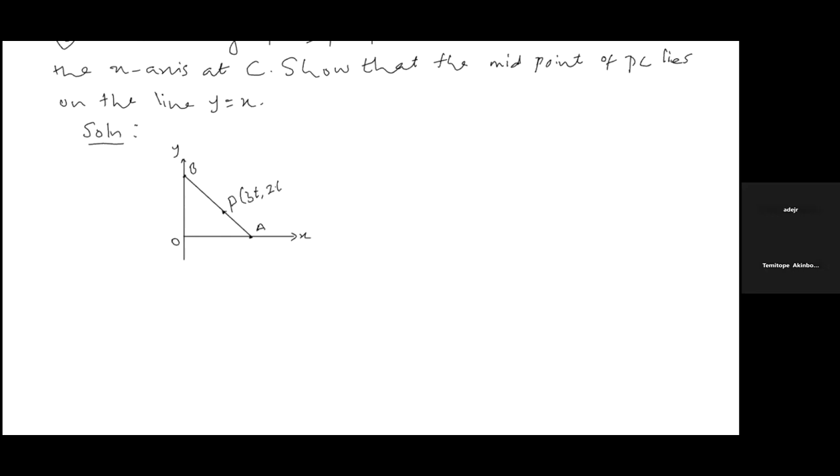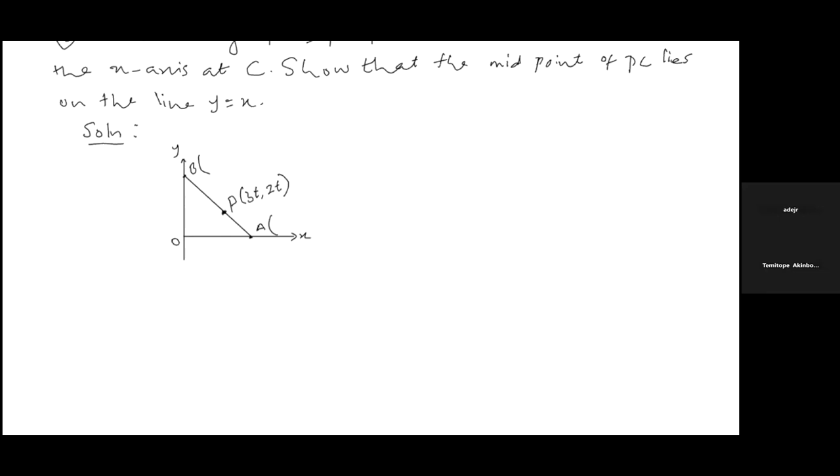So that's point P. Now, what is the coordinate of A? What is the coordinate of B? You need to ask yourself that question. If you look at it closely, at the point where it intercepts the axis, you already know one of the coordinates. So for point B, the x coordinate is known because it will intersect the y-axis when x is 0.